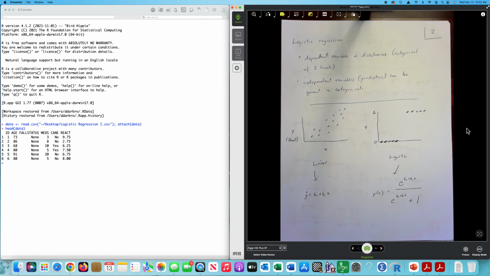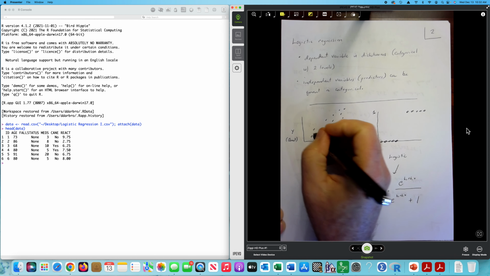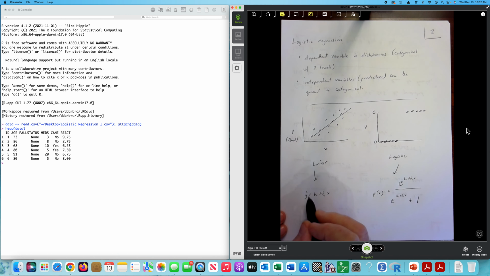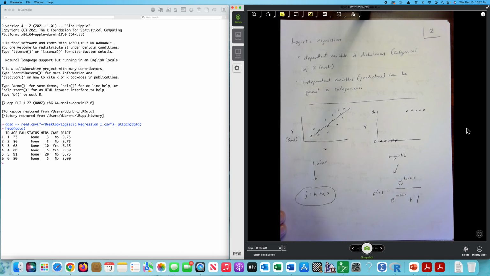Now remember, in multiple regression, the dependent variable had to be quantitative. Exactly like multiple regression, logistic regression has independent variables, or predictors, that can be quantitative or categorical. In the simple linear regression case, we have a linear relation. The focus there would be to create a model in the form y hat equals b0 plus b1x that best fits.